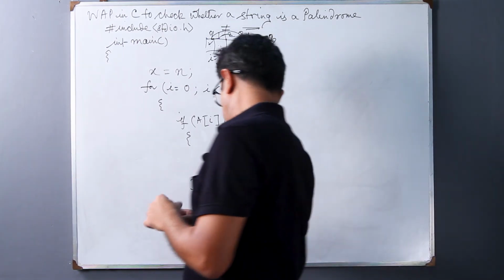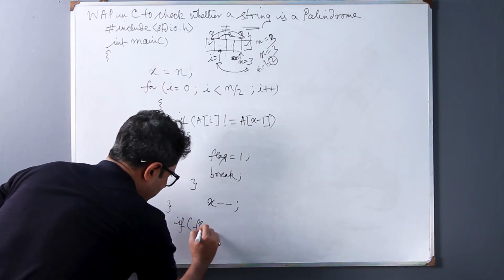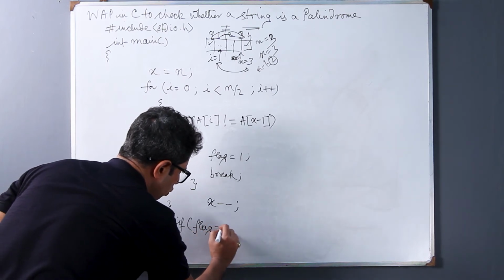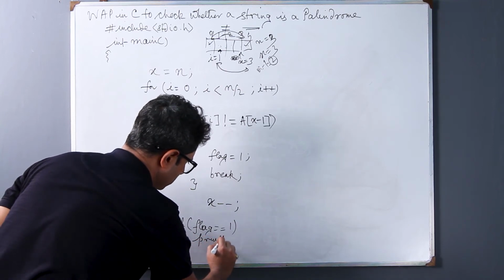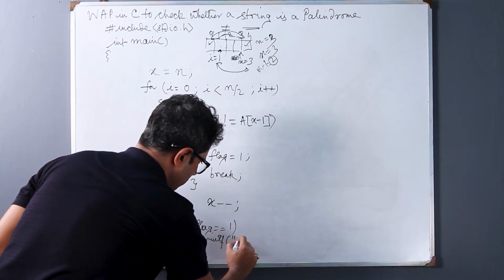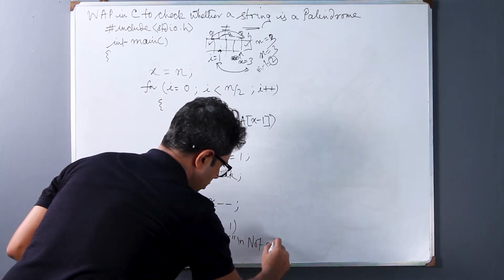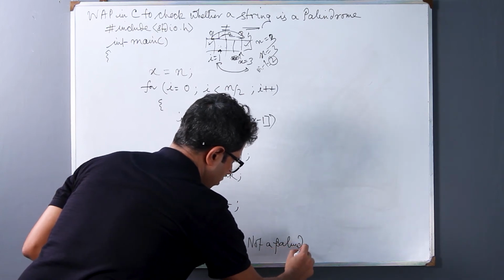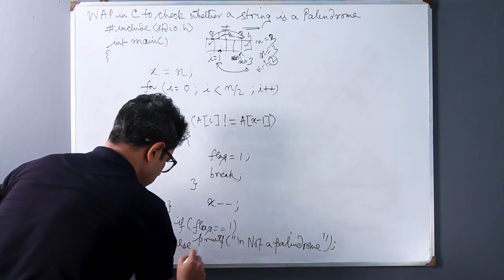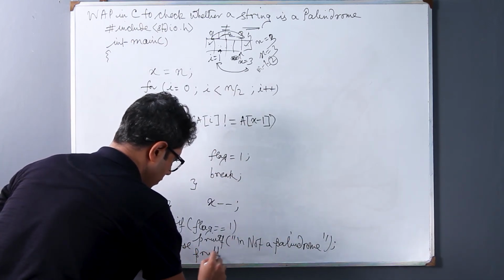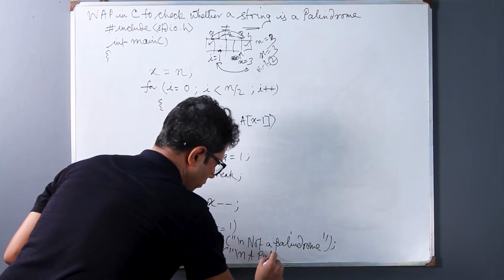So, now we are going to write the code like this: if flag is equal to 1, printf "not a palindrome", else printf "a palindrome".